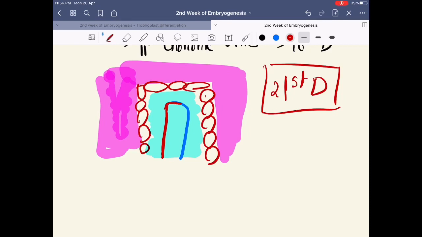These blood vessels are going to transport fetal blood. This is actually the fetal blood. So you have got these blood vessels, the extra embryonic mesoderm, the cytotrophoblast, and the syncytiotrophoblast. Four layers.